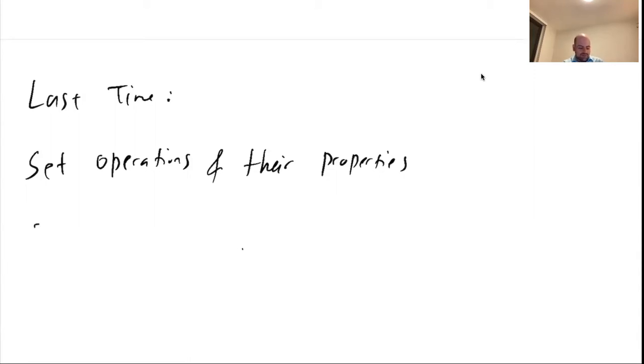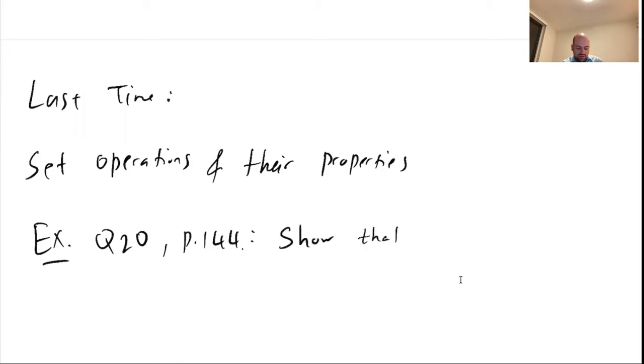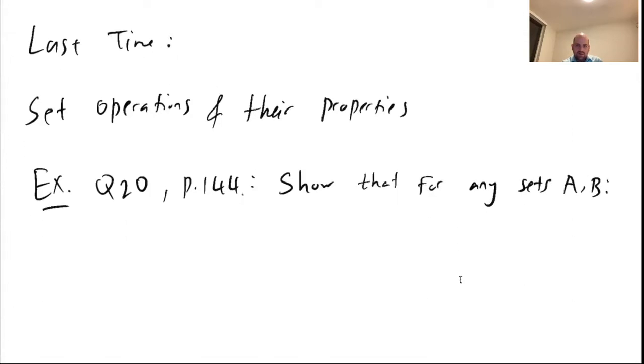Okay, so let's look at another example. This example is one of the book exercises, question 20, page 144. Show that for any sets A and B, we have B minus A. So we use the set difference with this notation.